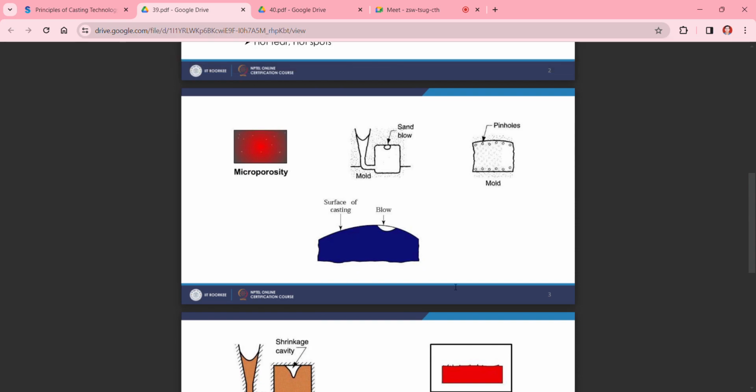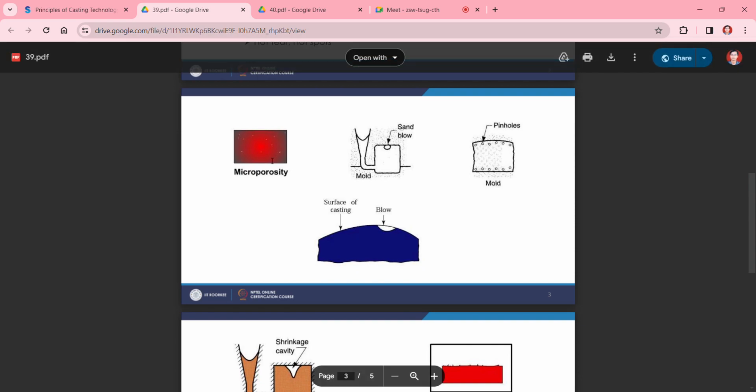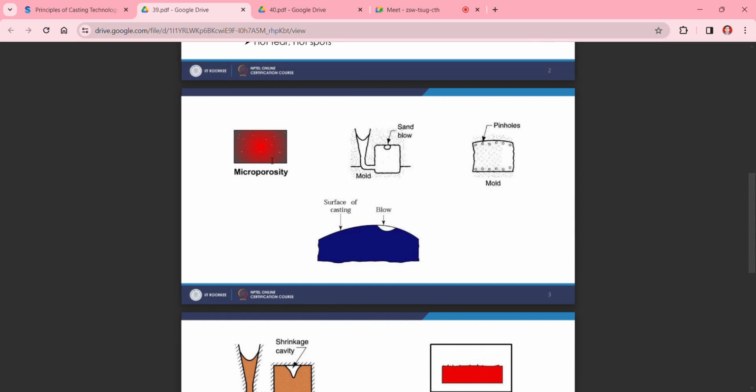So we will first go page by page with these pictures. There is one defect, microporosity. Microporosity comes due to the inclusion of air bubbles or slag materials inside your casting.